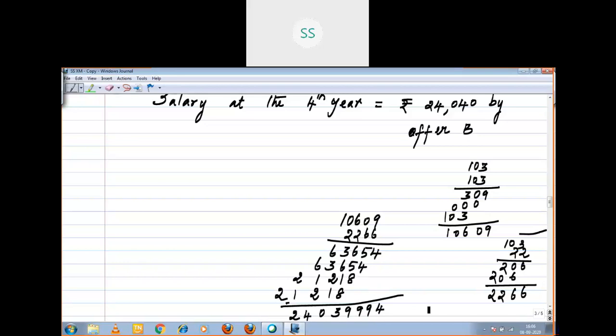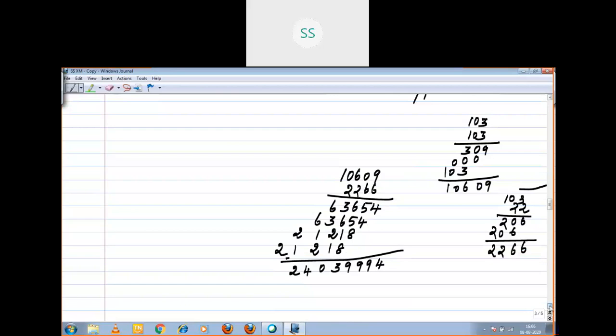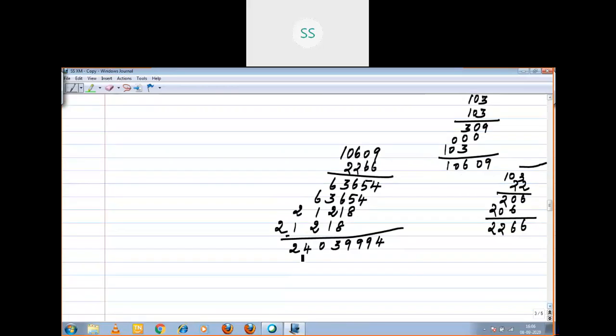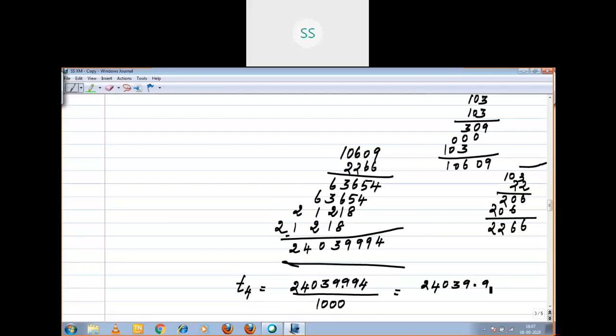Got it, children? Divided by how much? T4 equal to 2403 99994 divided by 1000. That means what you can get? 2403 9 into 994. See, that you rounded off as 24,040.